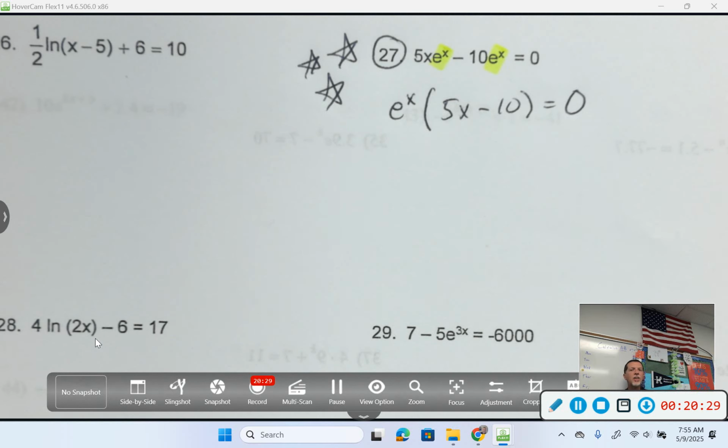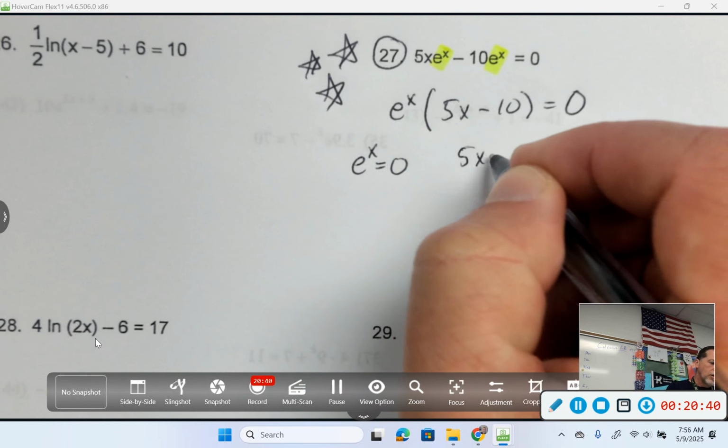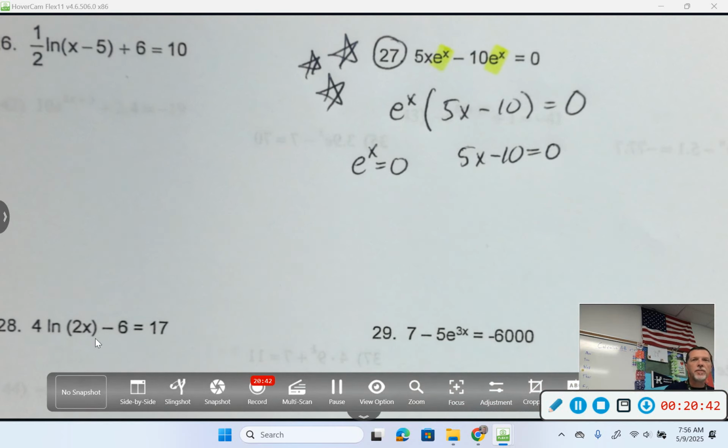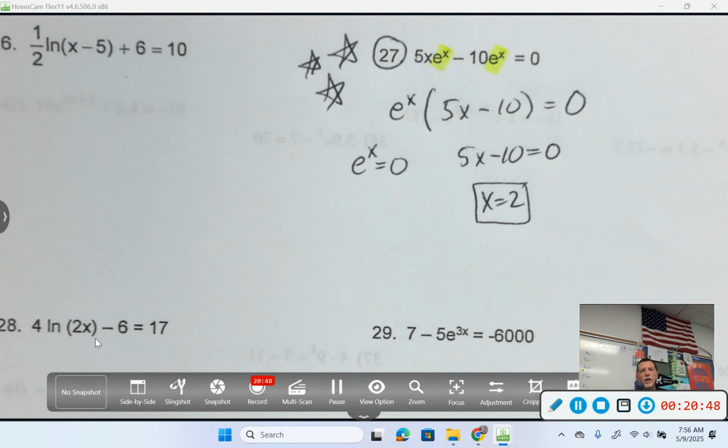Okay, I have two things multiplied together to be 0. This is the step that means either one of them is 0. So e to the x equals 0, or 5x minus 10 equals 0. That one's easy, x equals 2. On the other one, is there some power where I could go e to some power equals 0? No, that's not possible, unless e was 0.